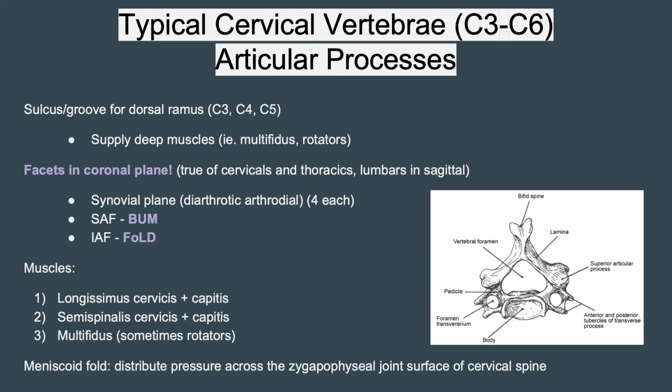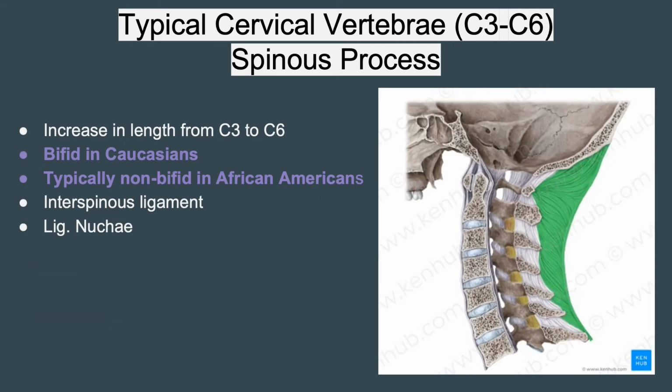It's going to be a modification of that fibrous capsule surrounding the zygapophyseal joint. The thought is that it's useful in distributing pressure across the joint surface. Think of how those zygapophyseal joints move. They can't be totally tight in order to allow for that movement. So I kind of think of them like that.